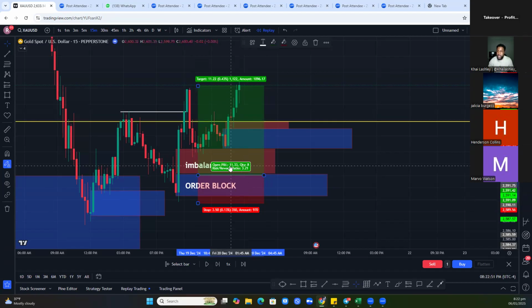And typically, when I enter trades, I'm more so entering at 50% of that order block. So once again, my risk drops to just about 23 pips, and the reward is now 124 pips. So now that trade turns into a 1-to-5 risk to reward.